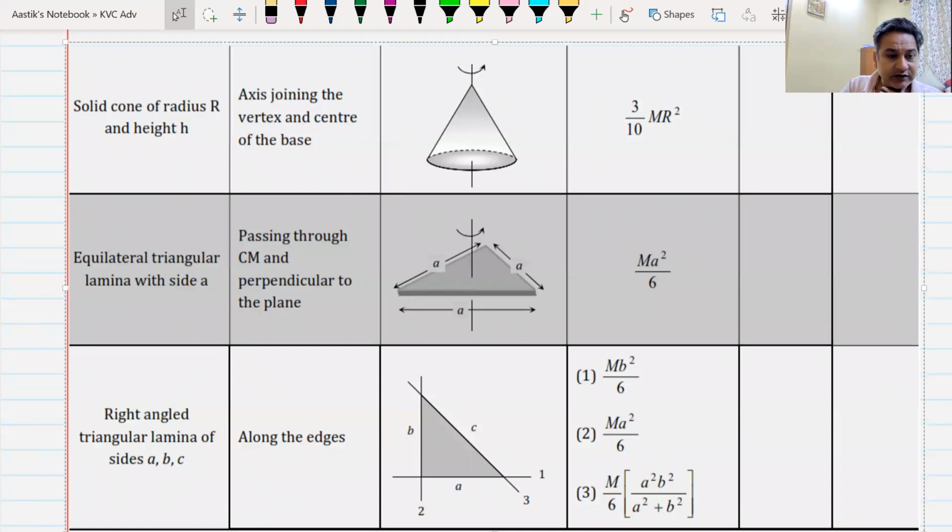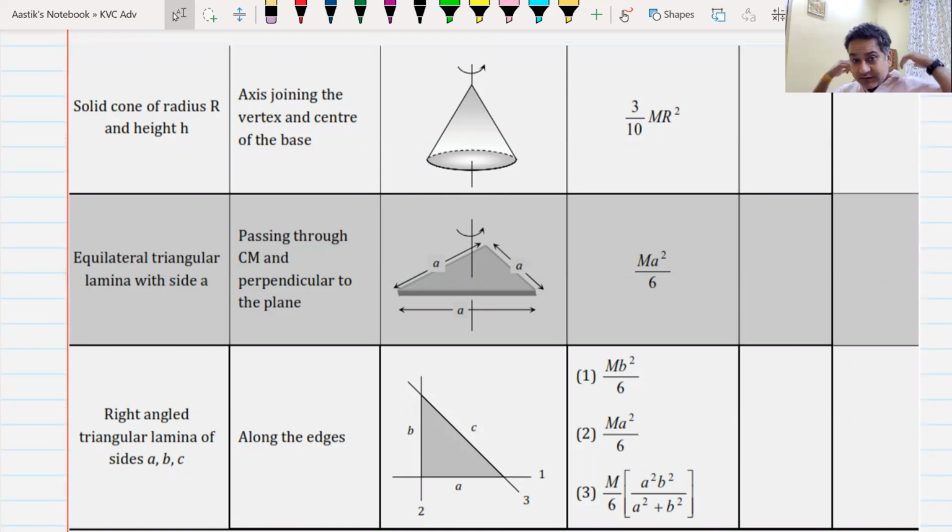Moment of inertia of a solid cone, moment of inertia of a triangle about this axis, moment of inertia about a lamina. We have to remember this because they might just ask you a question based on this. So please remember this, especially the triangle one.